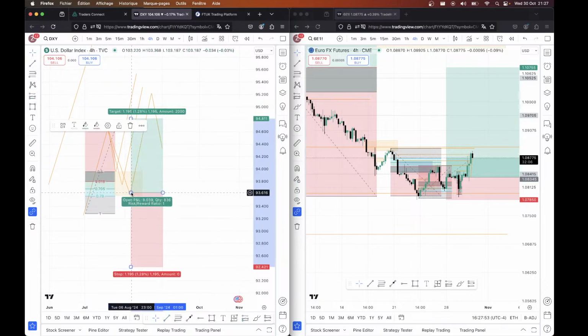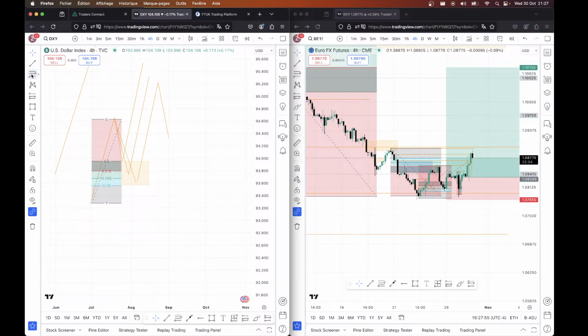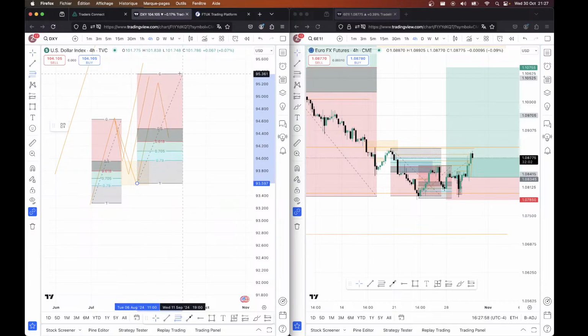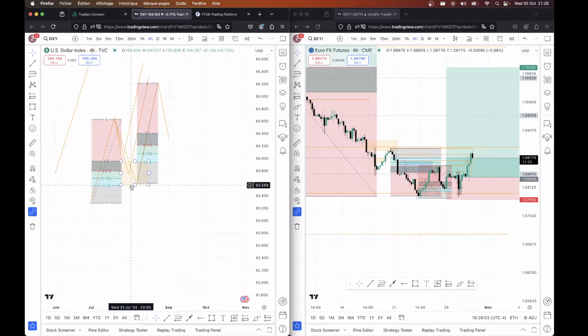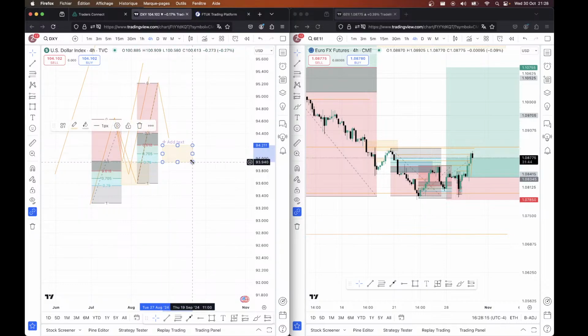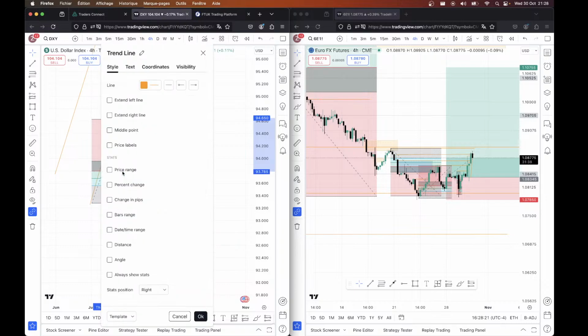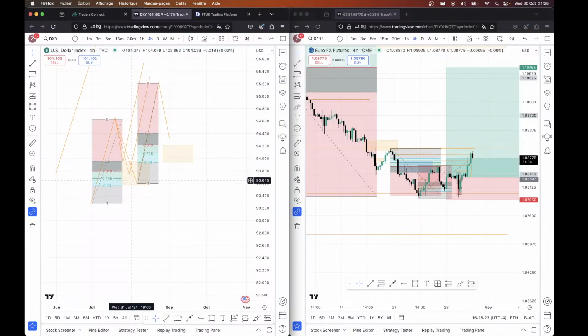I take the Fibonacci retracement again, take the low, go to the high, and I expect price to come exactly here. It may enter the 0.5, but it's more about the 61% to 79% retracement.